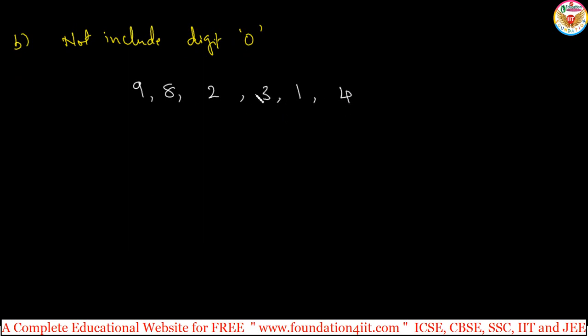Without repeating, we need to write the smallest and greatest. Because 0 is not included, the smallest is directly the ascending order of these digits, which starts with the smallest, 1. Next is 2, followed by 3, 4, next 8, 9. That's it. 123489 is the smallest number.